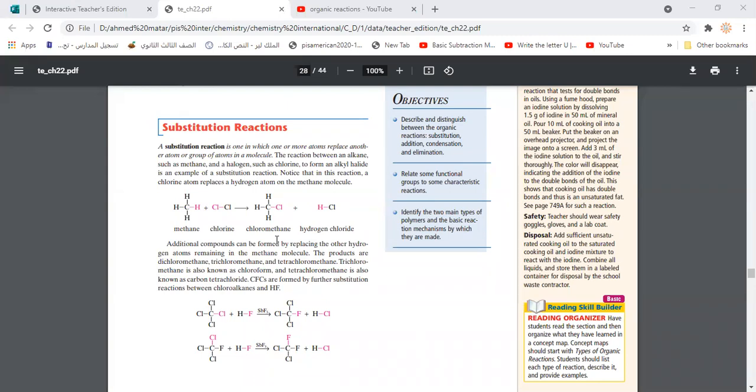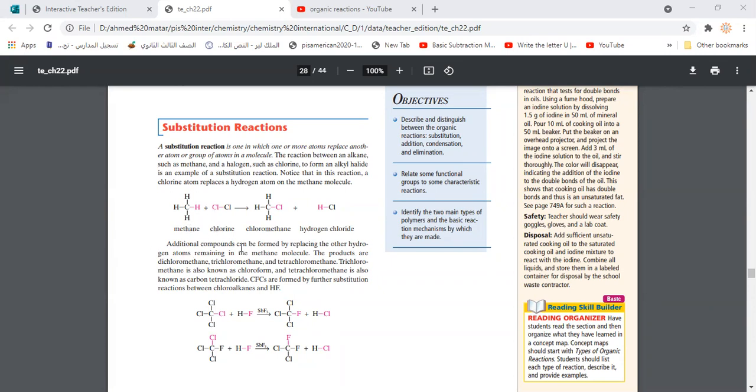Any other element, like the halogens chlorine, fluorine, bromine and iodine, could replace the hydrogen. Some metals sometimes could too, but usually we find that the halogens replace the hydrogen.